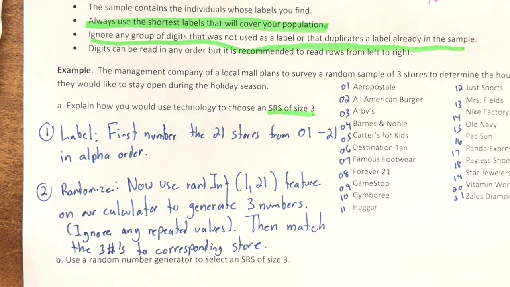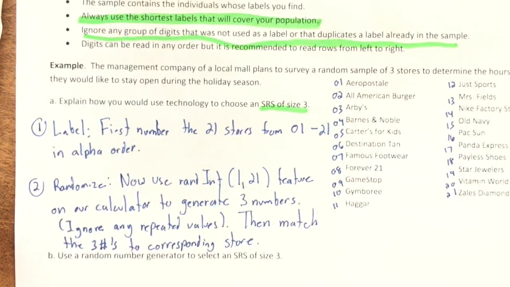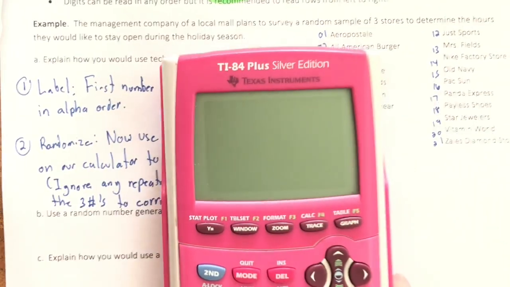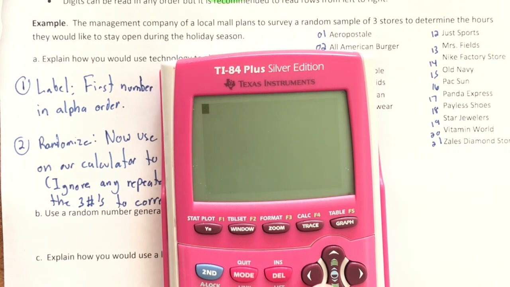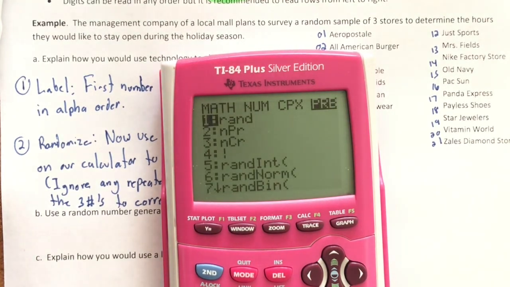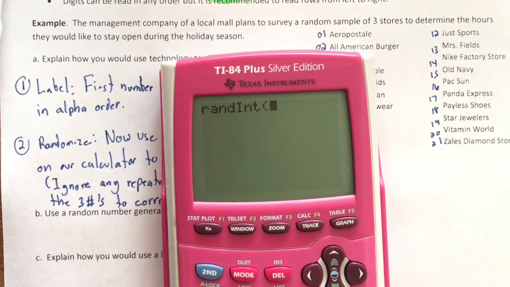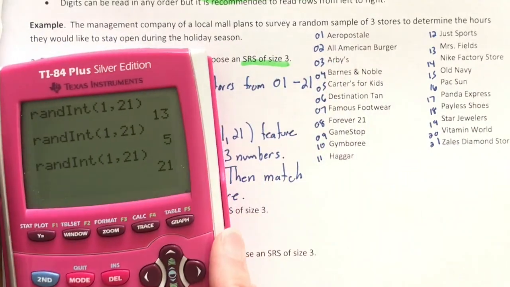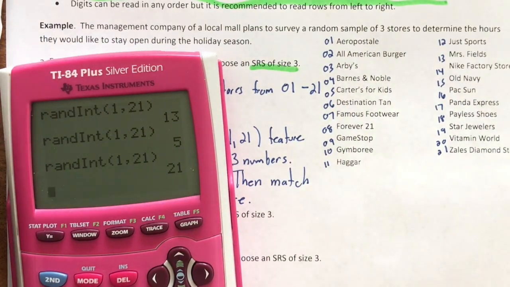Okay, so now I'm going to use my calculator to generate a simple random sample of size 3. So I go over to math, probability, we're going to choose number 5, and we're going to do from numbers 1 to 21. And I generate a 13 first, a 5, and then a 21. Again, your calculator may or may not generate the same numbers as I do.